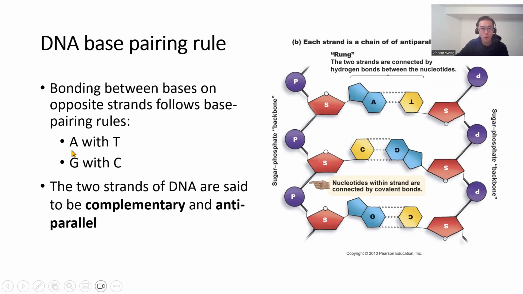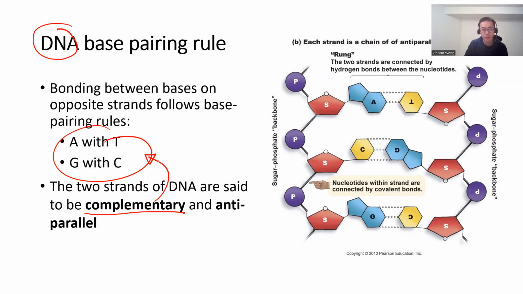If you know one side is A, the other side has to be T. If one of them is G, the other one has to be C. We are talking about DNA right now, so there is no U, there's no uracil. This property where you can match them up is called complementary.